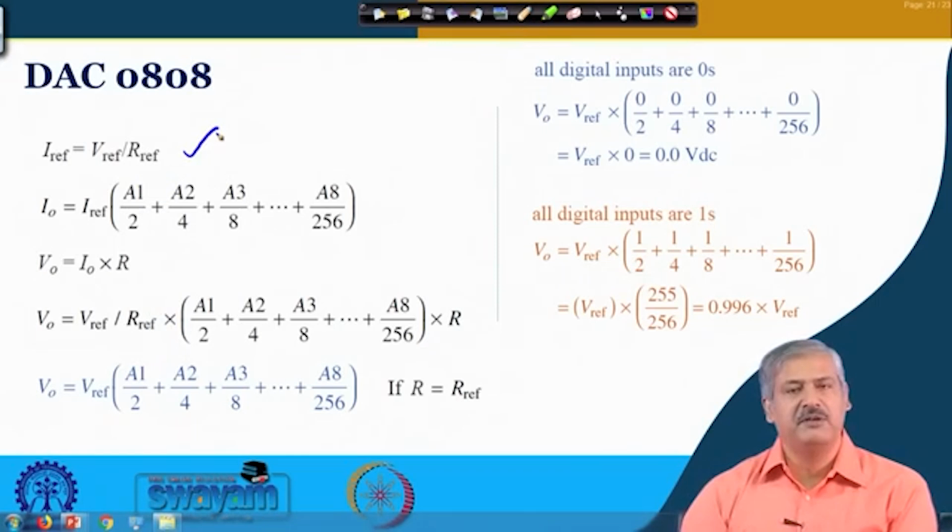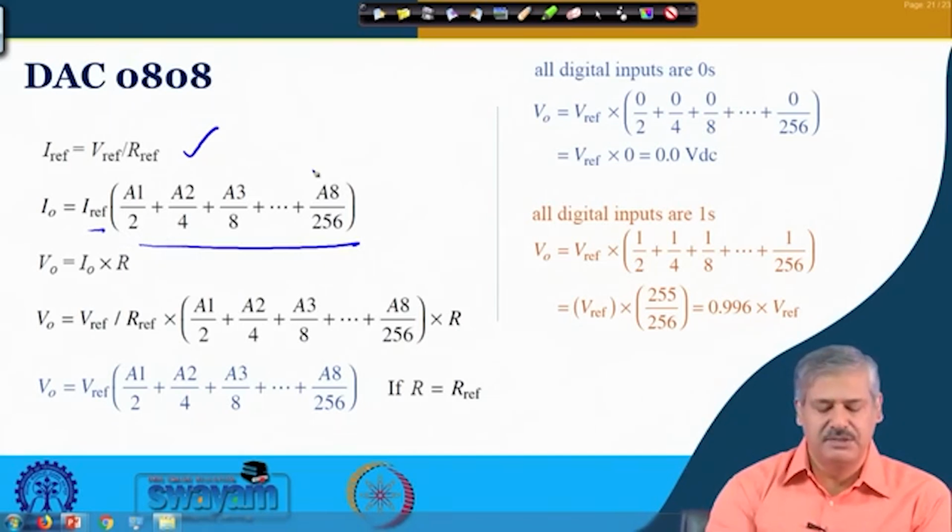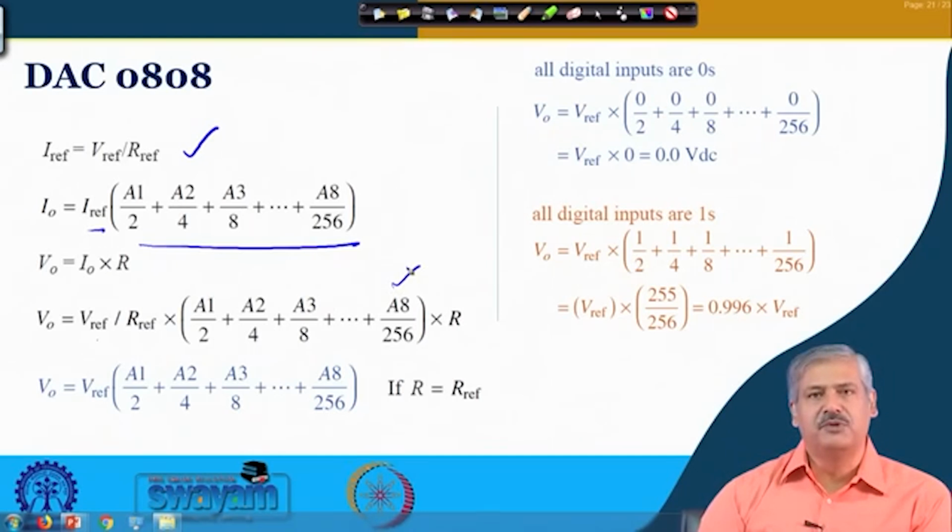So, I reference is V reference by R reference, very clear. I naught will be I reference multiplied by whatever you are getting from the digital input data. So, V naught is I naught into R at the output amplifier. So, V naught is equal to V reference by R reference, times the digital input converted to the corresponding analog output in the ladder network, multiplied by R. Is it fine?